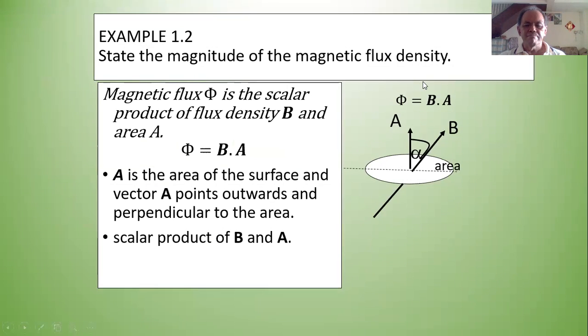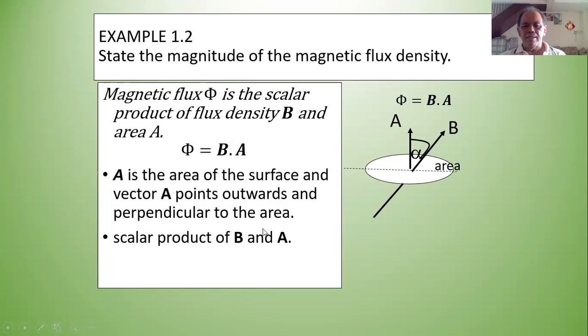Okay, example, we define our magnetic flux as B dot A. This is a dot, not multiply, important, not a cross product. A is the area of the surface, and usually we call the vector A as pointing outwards. We treat area as a vector pointing outwards.